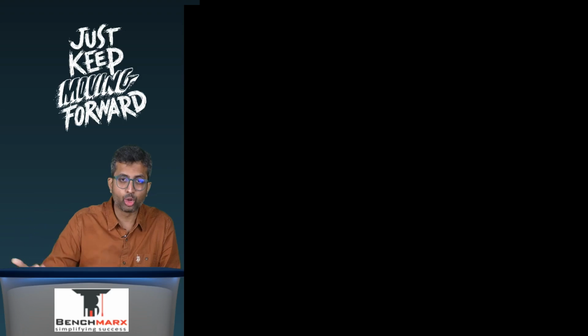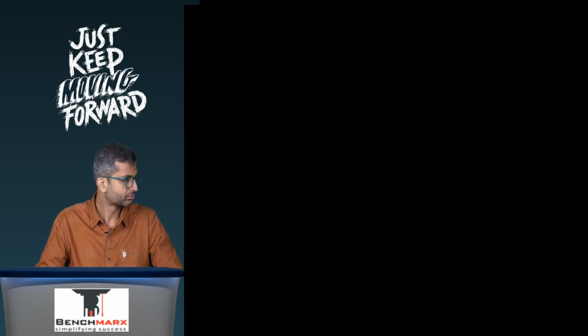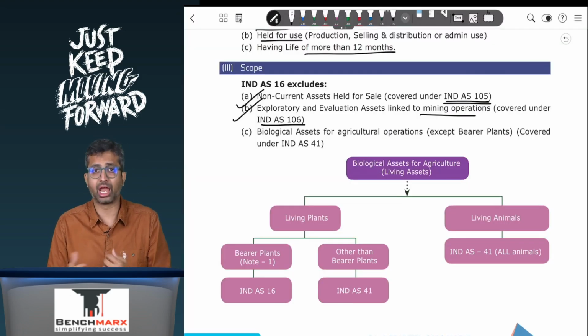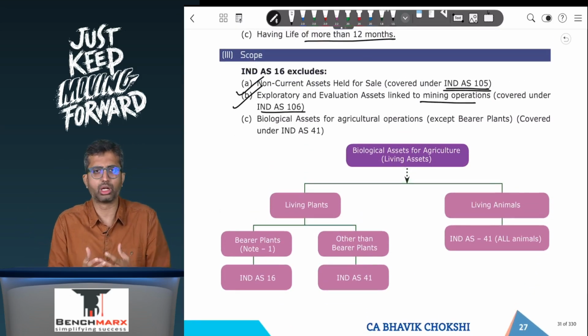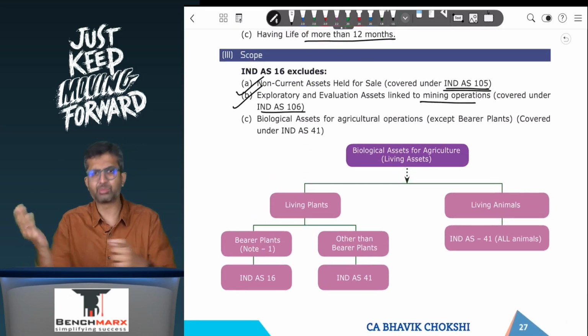Now, a bearer plant can be a coconut tree, a mango tree, an apple tree, etc., which bears these coconuts, apples, and mangoes, and hence a bearer plant bears agricultural produce and is not agricultural produce itself. On the other hand, a bamboo tree or a timber tree, they themselves are the produce.